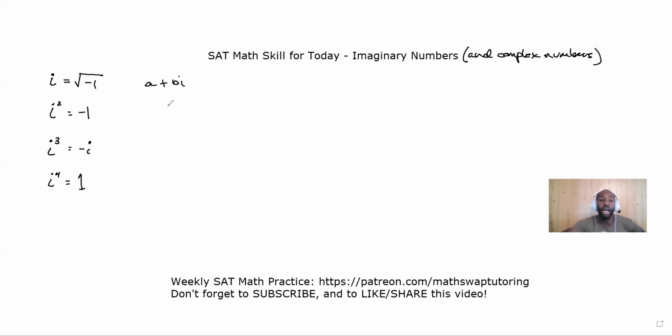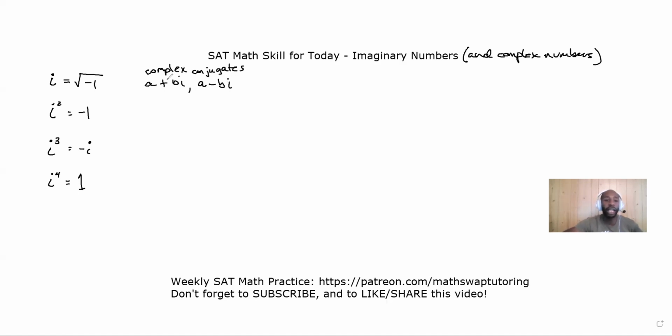Now you have a concept that I'm going to label complex conjugates. This is a subtopic of complex and imaginary numbers. So complex conjugates are like so, a minus bi. If you have a plus bi, its complex conjugate is a minus bi.